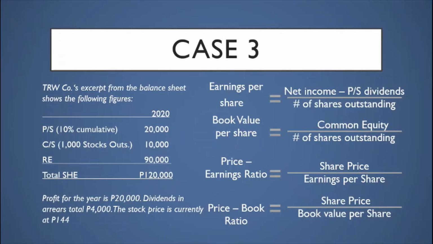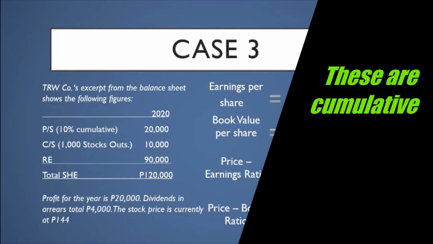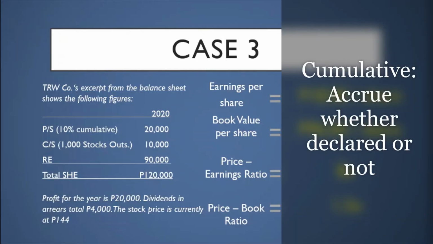Earnings per share, we would have net income, which is 20,000 pesos, less the preferred share dividends, 2,000 pesos. Considering that these are cumulative, whether declared or not, it doesn't matter. We are going to accrue the amount of dividends that are due to them every year. In this case, it is 10% of 20,000 pesos, which is 2,000 pesos.